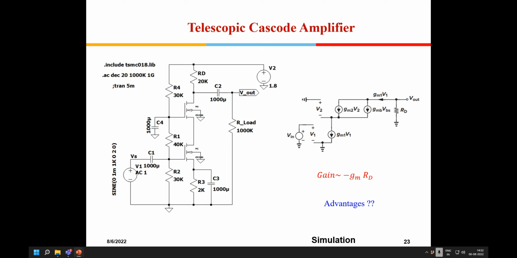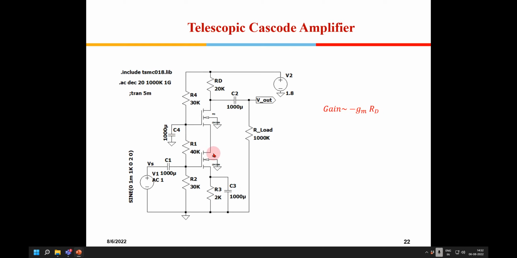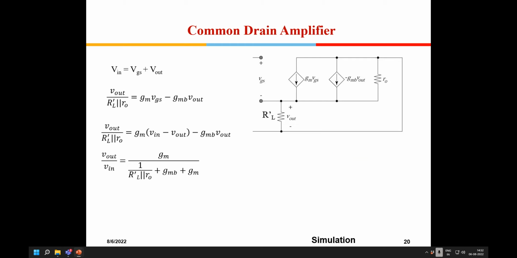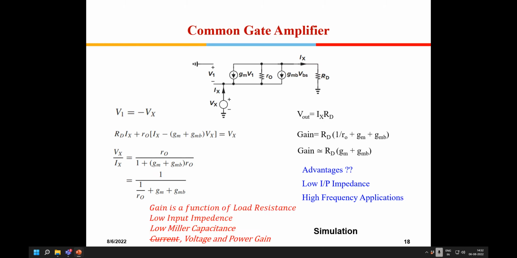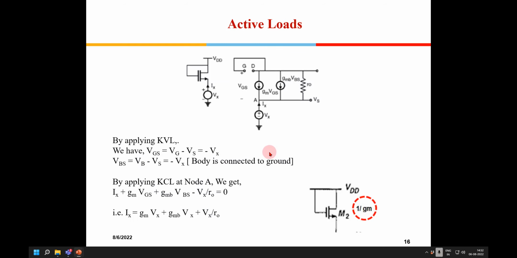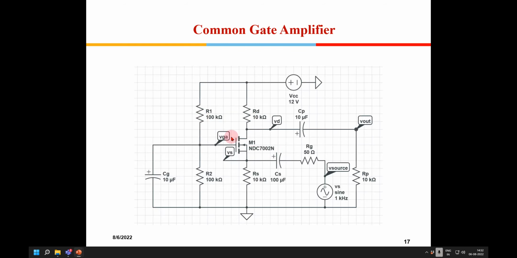I'm still unable to process how this is in a common gate configuration. Because the input voltage is applied to the common source part, and the current change is happening in the common source part itself, not due to the common gate part there. No. Okay. Let me just. Okay, this is common gate configuration.